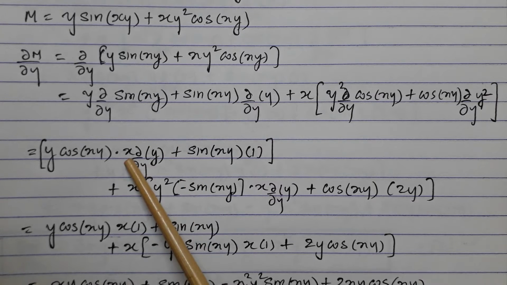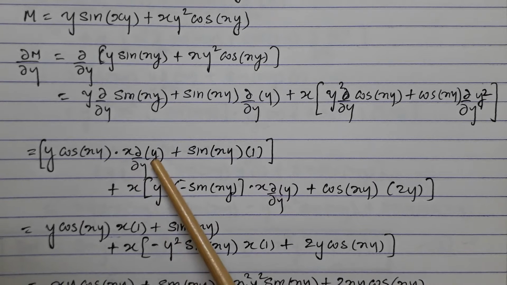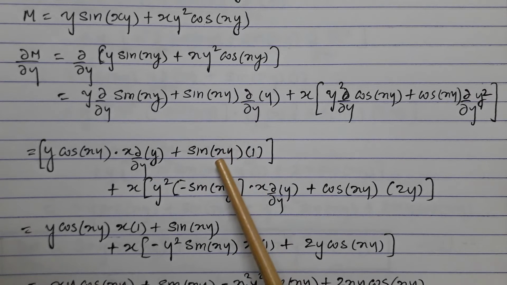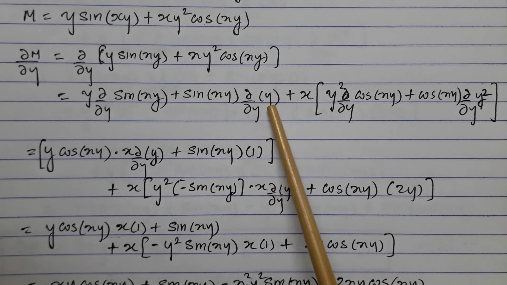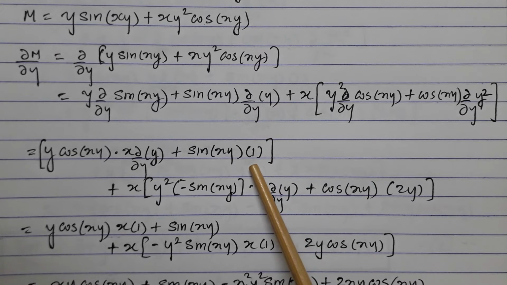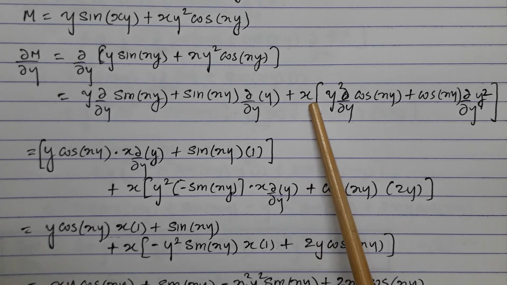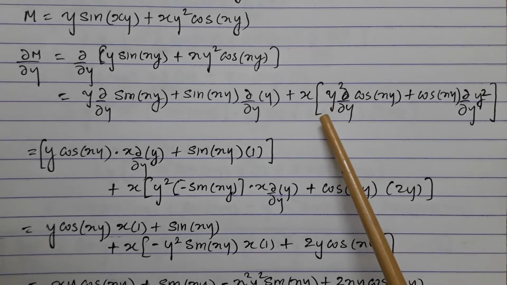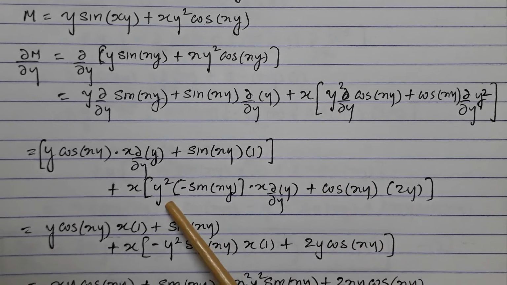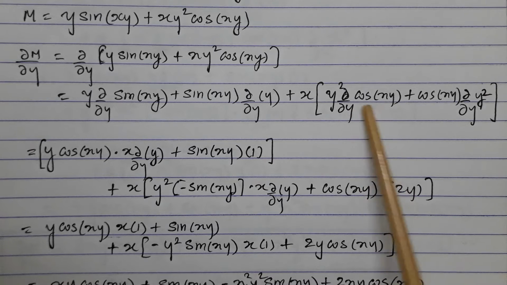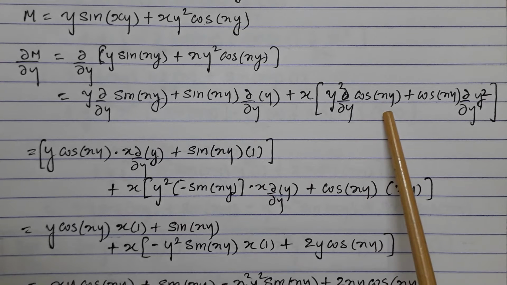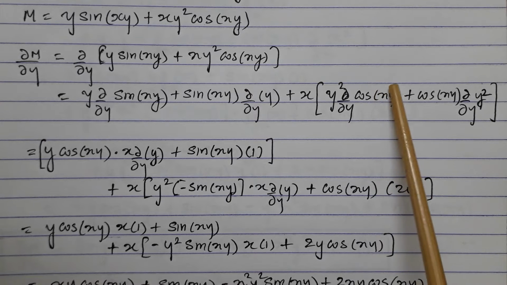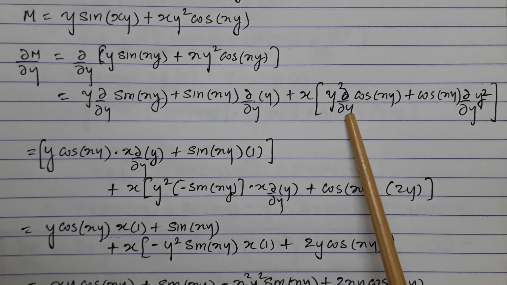So this would be x ∂/∂y of y, plus sin xy, and ∂/∂y of y is 1, plus we keep x outside as a constant, and here this would be y². ∂/∂y of cos xy is minus sin xy into the partial derivative of xy with respect to y.